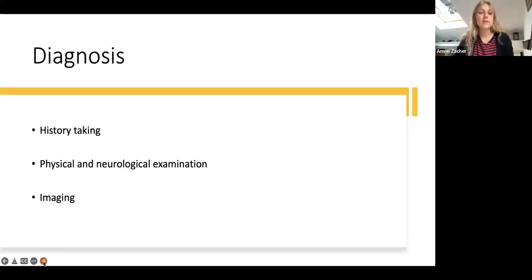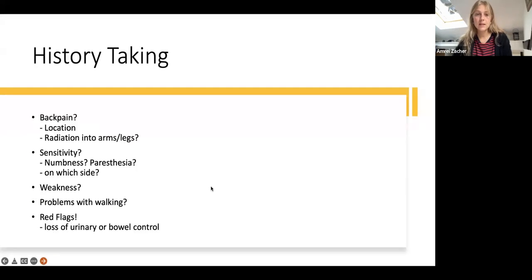So we go to the diagnosis. Your diagnosis is basically history taking, physical and neurological examination, and then you would also do some imaging. When you do the history taking, apart from the basic history taking that you always do, there are some things that you should ask for specifically.